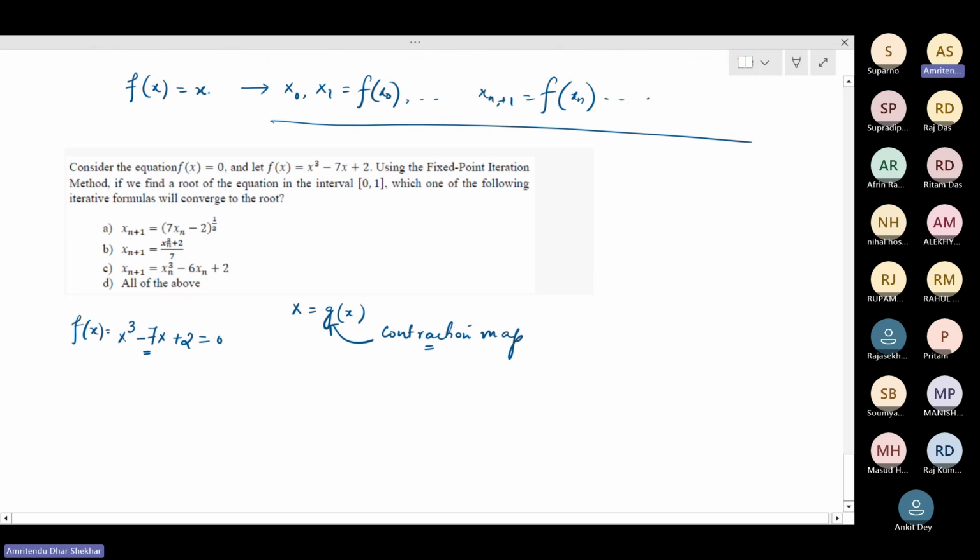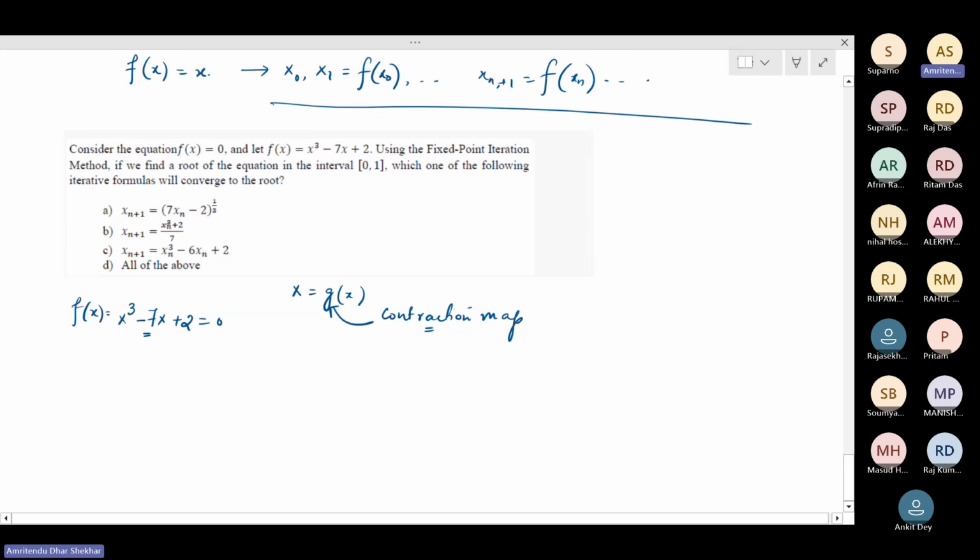Okay, so in particular, let us evaluate these examples. The first is that they've written x to be equal to 7x plus 2 to the power one third. So this is our g of x.